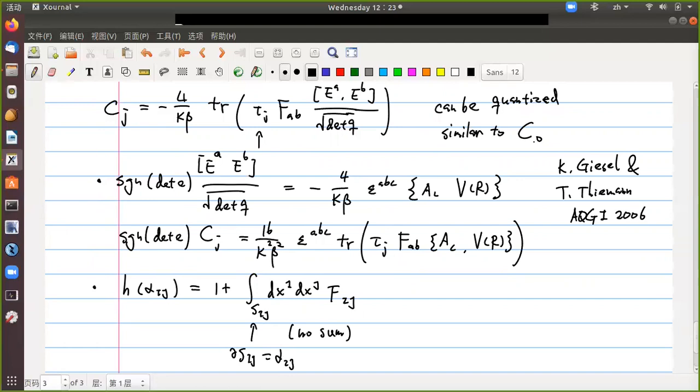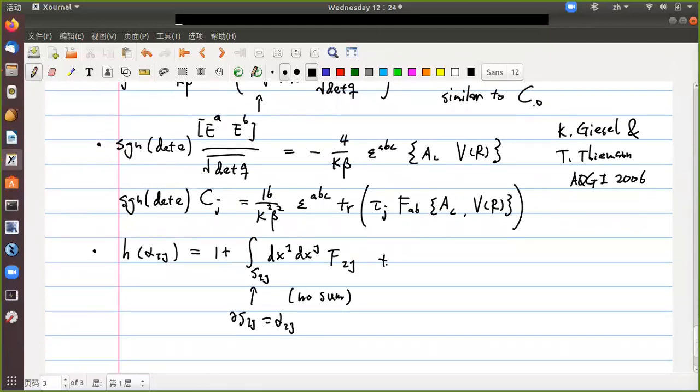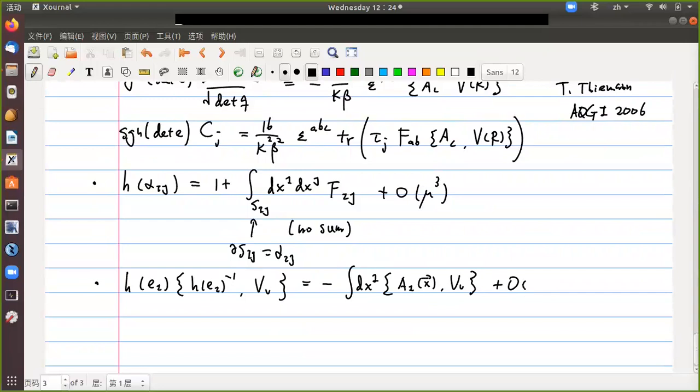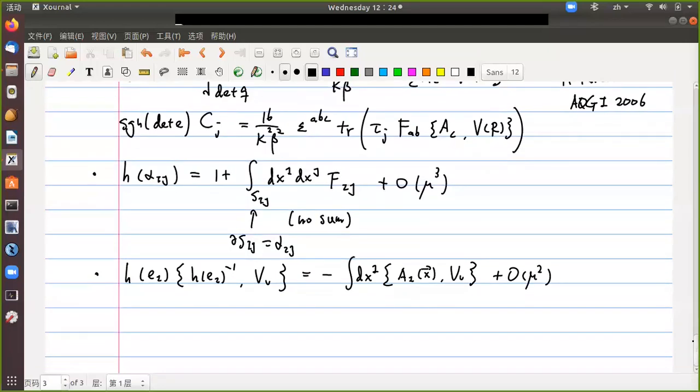S_ij is a square, plus order 3. These formulas hold only in the continuum, and similarly for this one, which equals minus 1, up to higher order in mu.